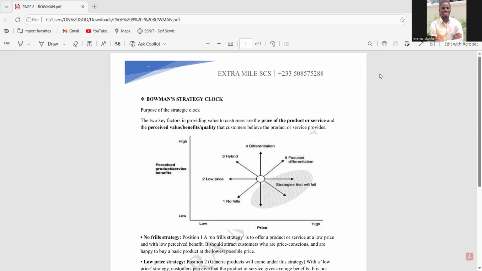I am going to teach you how to draw it, how to plot it, and how to explain it. So first of all, what is this Bowman strategic clock all about?